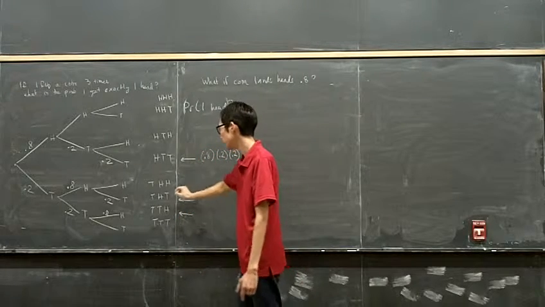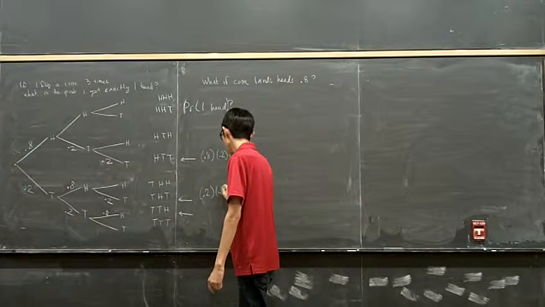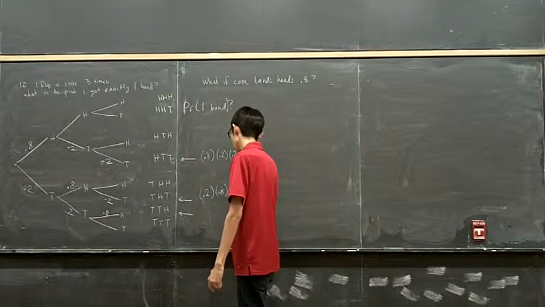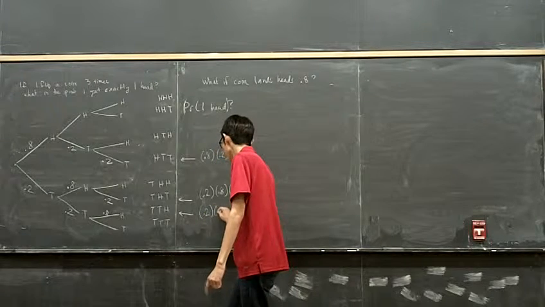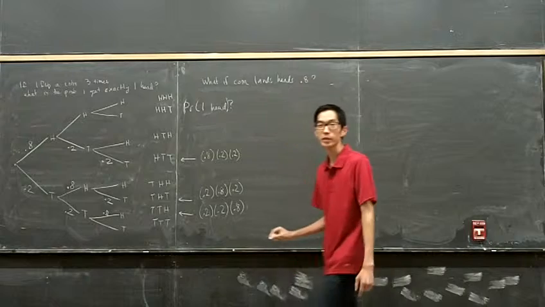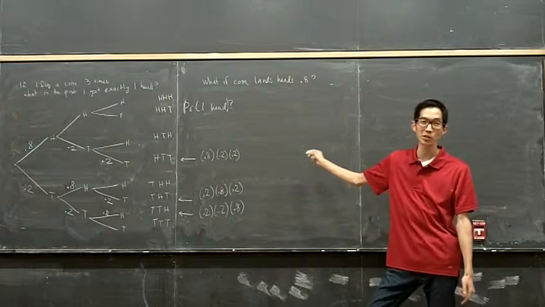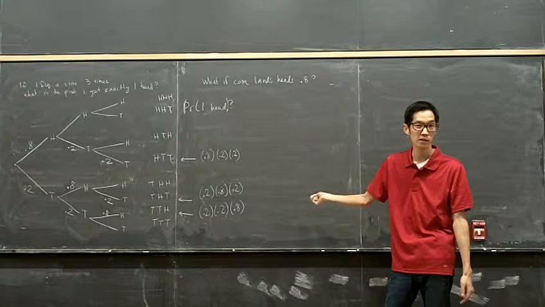And here I got tails, heads, tails. That's going to be 0.2 times 0.8 times 0.2. And this one is going to be 0.2 times 0.2 times 0.8. So all of these, I'm multiplying a 0.2 in there twice and a 0.8 in there once.